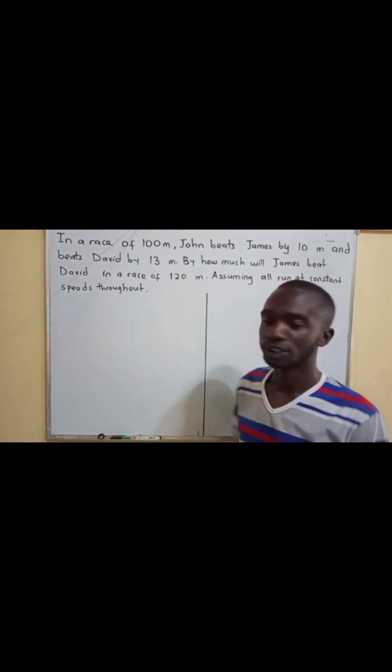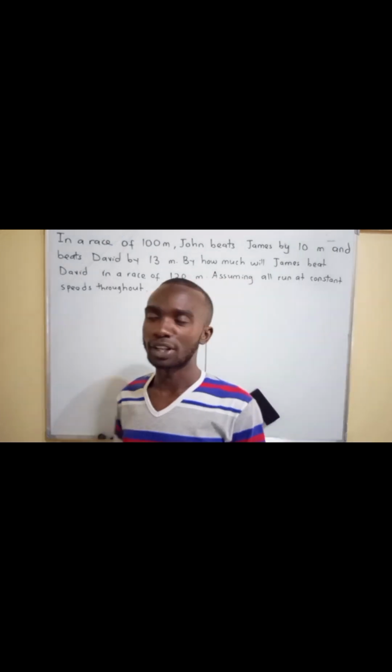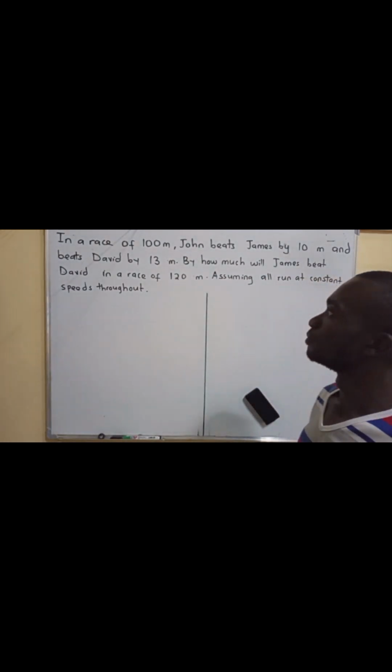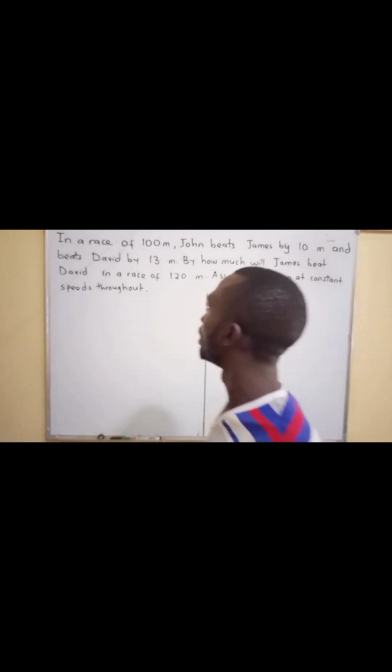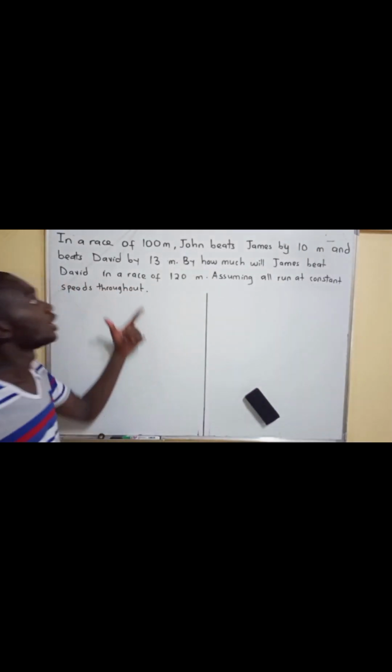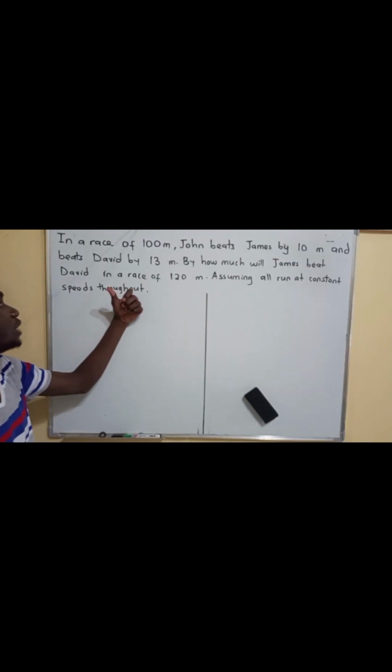In this tutorial, I'm teaching you about the question on the board, which I got in one of my inboxes. The question reads: in a race of 100 meters, we have three individuals racing, John, James, and David.